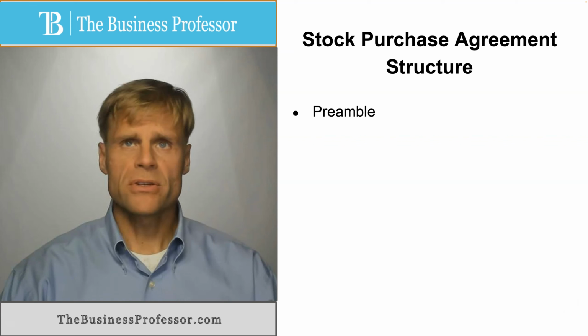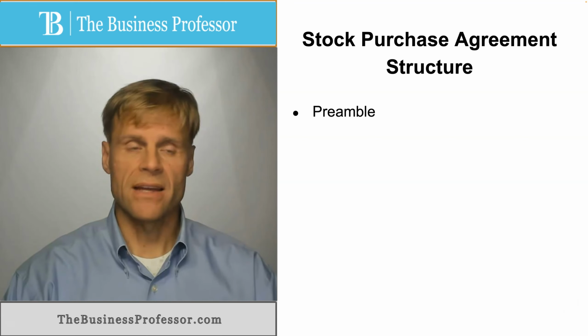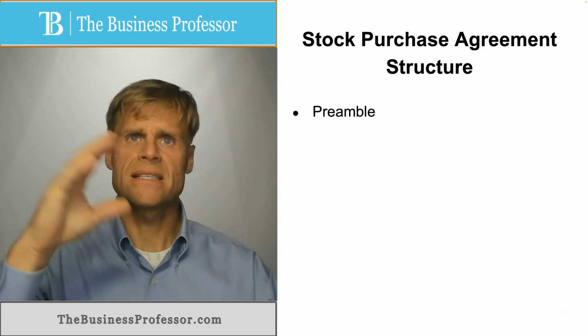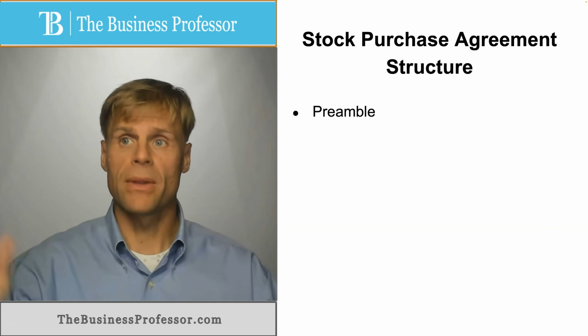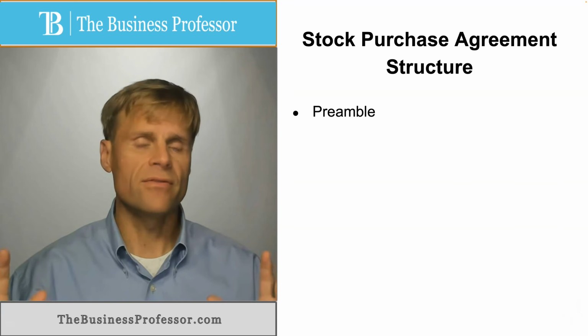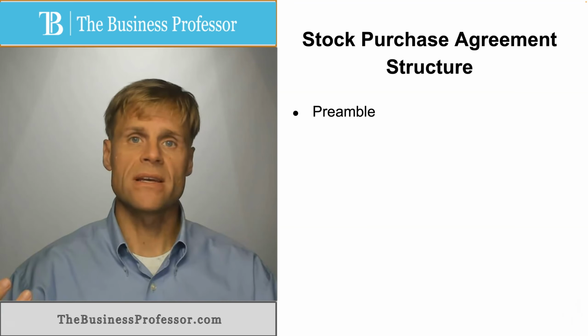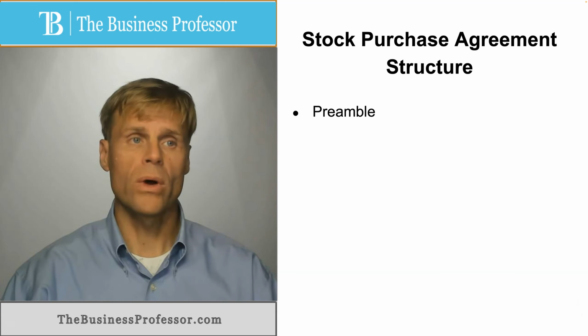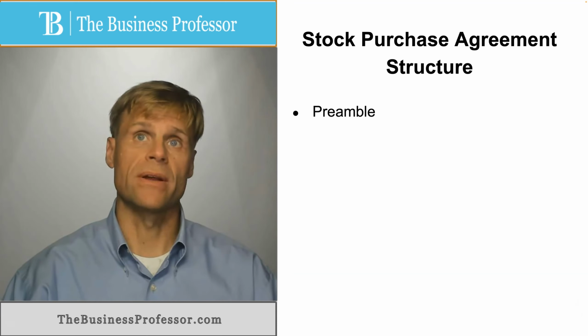Many stock purchase agreements do not contain recitals, so I don't list them here. But if you do see something that states whereas blah, blah, blah, these also are not enforceable provisions. These are simply contextual markers or indicators for what is going on and the reason for this agreement.